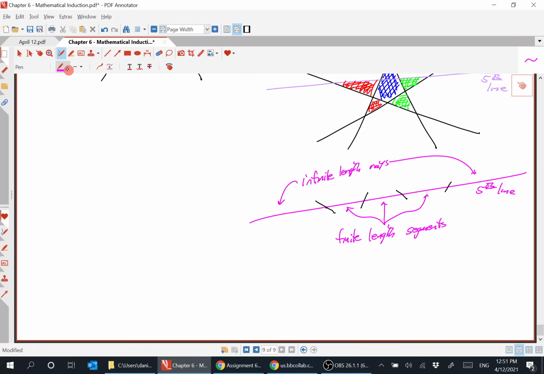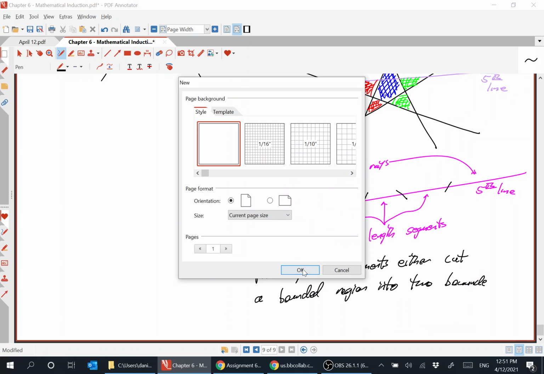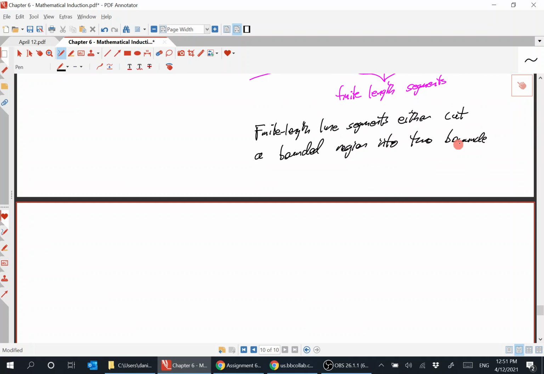Right? Finite length line segments either cut a bounded region into 2 bounded subregions, like this.